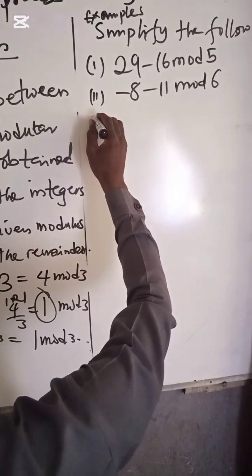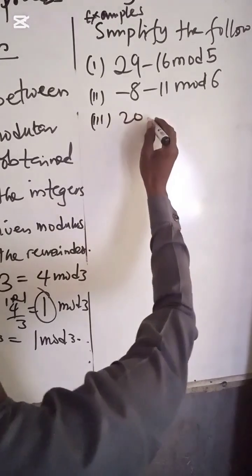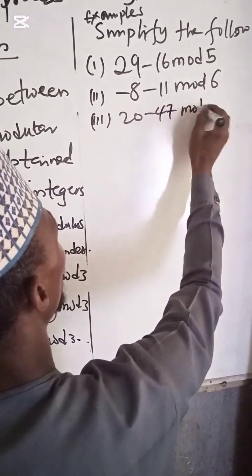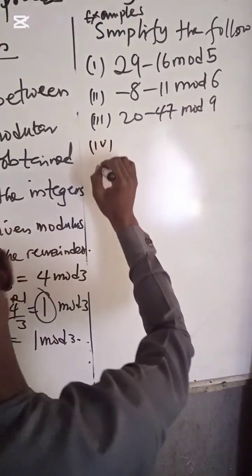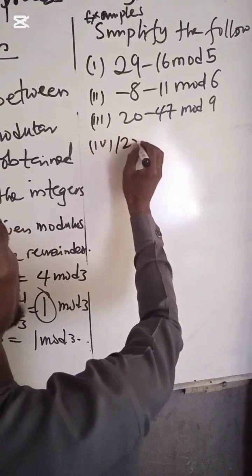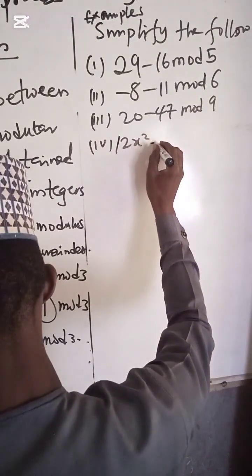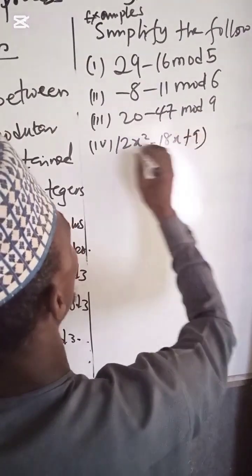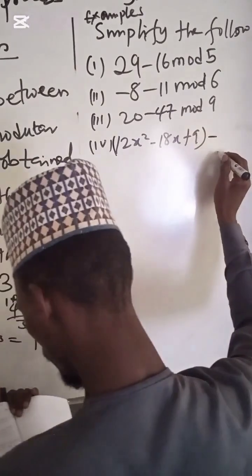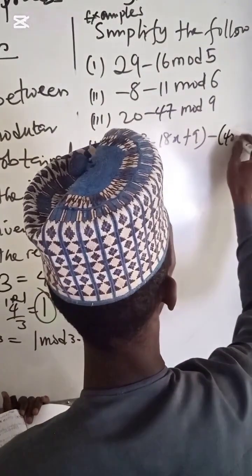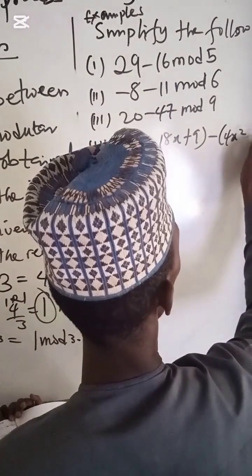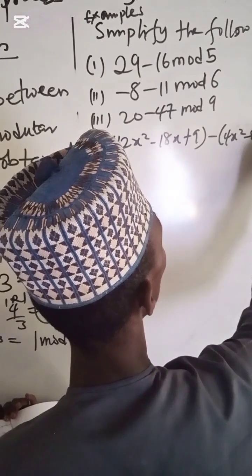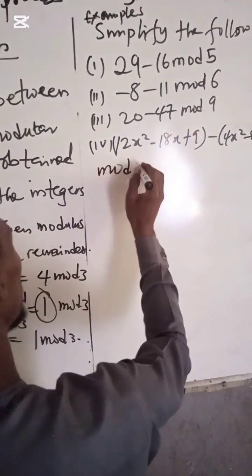Then the third one, we have 20 minus 47 mod 9. Then last but not least, the fourth one, 12x squared minus 18x plus 9 minus 4x squared minus 8x minus 6 modulus 7.